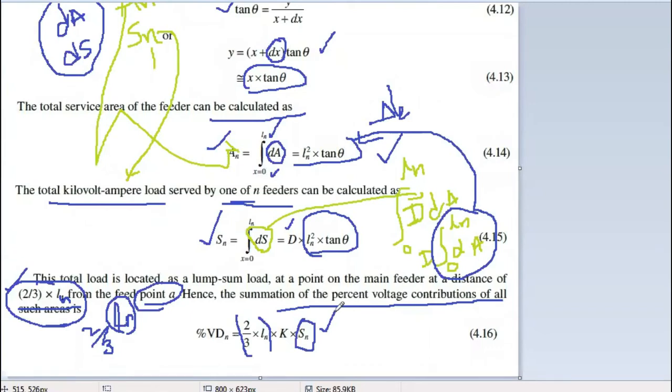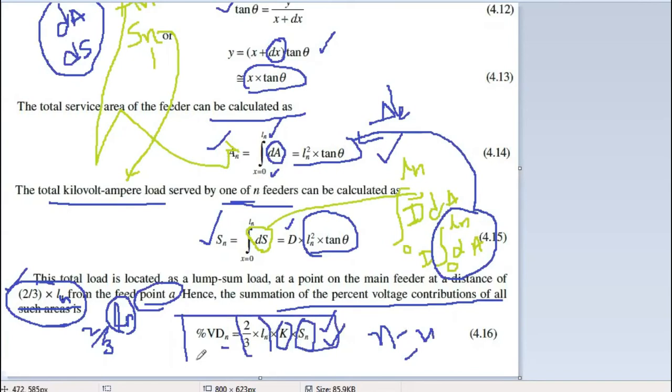So if you consider the first feeder, then VD1, the second feeder VD2, and the third feeder VD3, like that you can calculate and multiply by the constant K. This we have calculated earlier. Now the percentage voltage drop in an n feeder is given by 2/3 multiplied by Ln multiplied by K into Sn. Similarly, if it is a square shaped service area, that is n equal to 4, so the 4 will be substituted here.